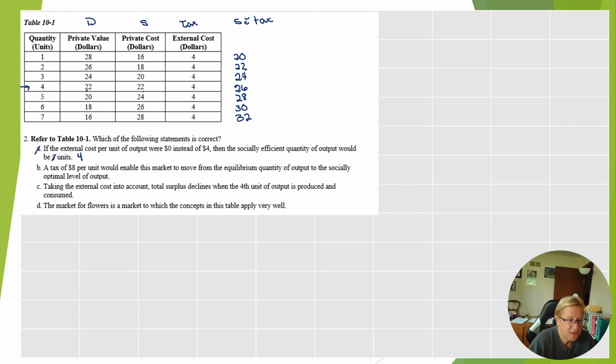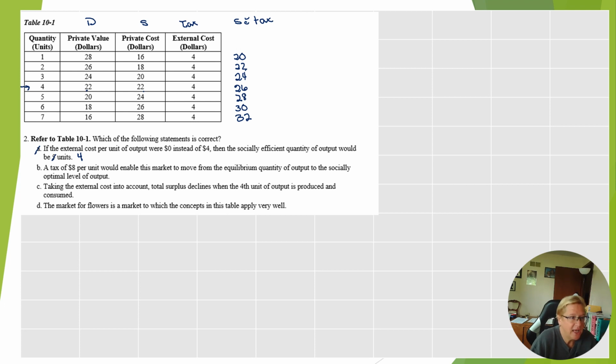A tax of $8 would enable this market to move from equilibrium quantity of output to the socially efficient. Okay, so what is the socially efficient? Well, we can look right here and say that the $4 tax does, in fact, give us that socially optimum.